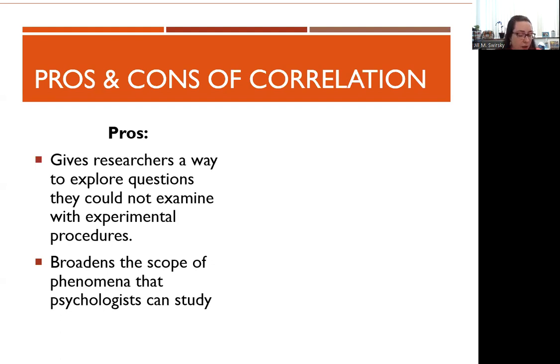This is something that I have encountered in my research. If I'm interested in studying victims of sexual assault, I can't very well divide my participants into two groups and say to one group, you're getting assaulted, the other group isn't. Obviously, that's highly unethical. So correlational designs let us ask some research questions that we wouldn't be able to assess experimentally.